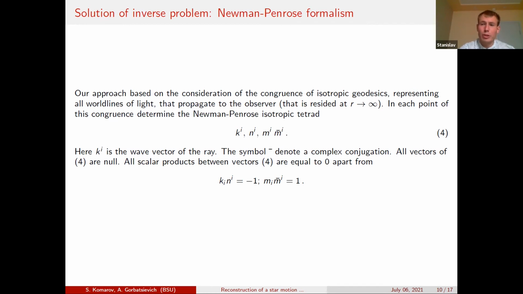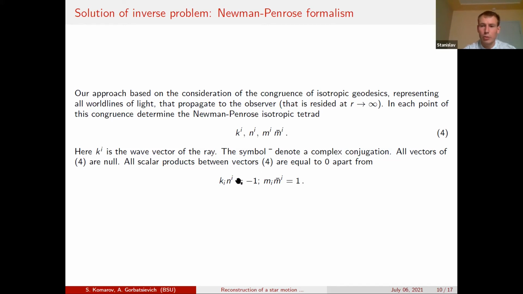For this, it is necessary to consider a congruence of isotropic geodesics that follow to the observer. And in order to consider such a congruence, it is useful to use the Newman-Penrose formalism and introduce the Newman-Penrose tetrad.